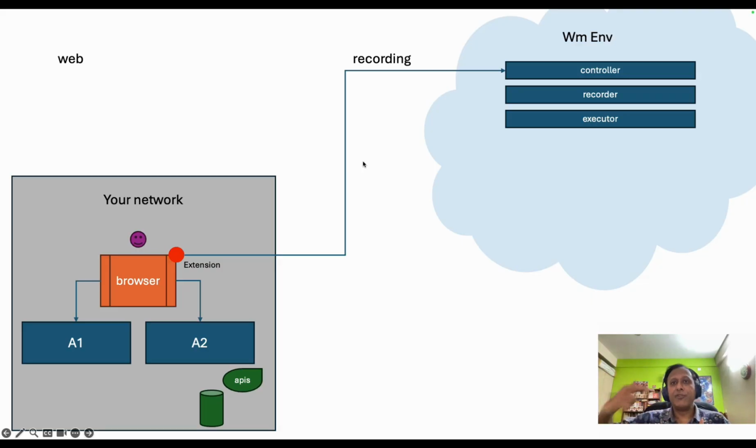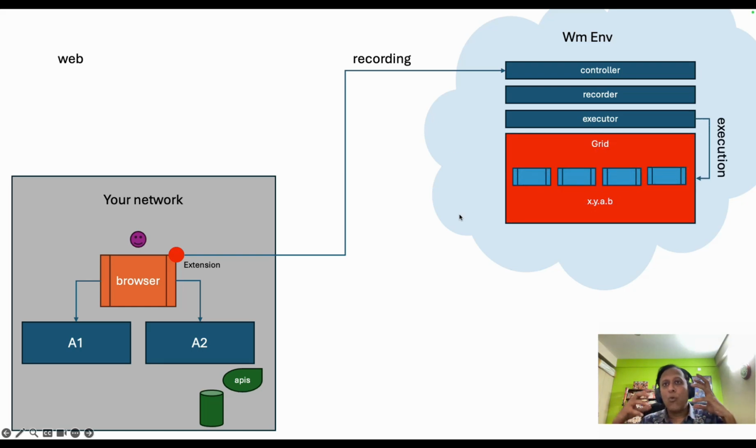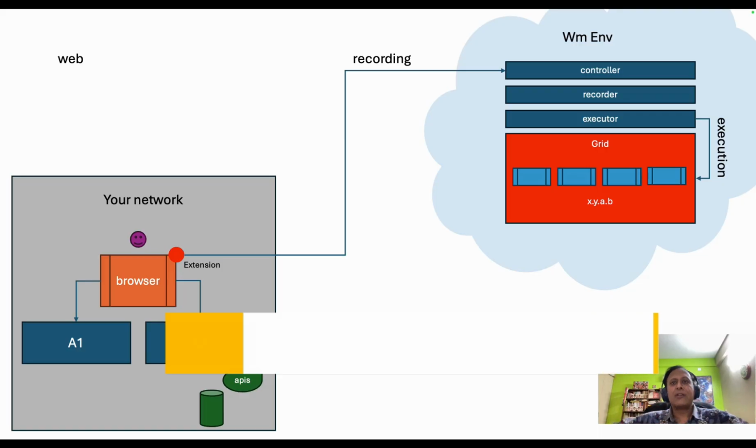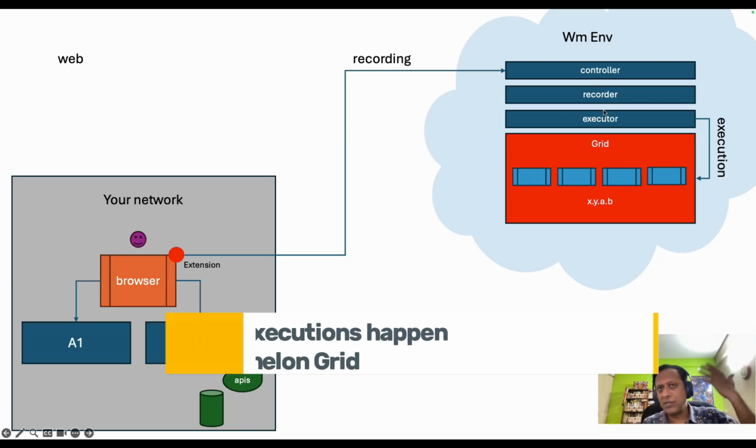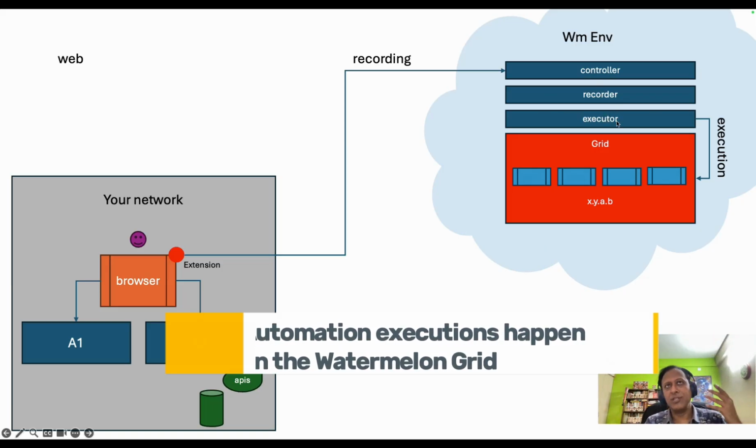Now, obviously, after recording, after we add more testing logic into the script, somebody needs to play it back. One of the ways in which the system executes the automation is by executing it on another component of the Watermelon infrastructure called the grid. The grid is nothing but another service, just like the controller, the recorder, the executor, and so on.